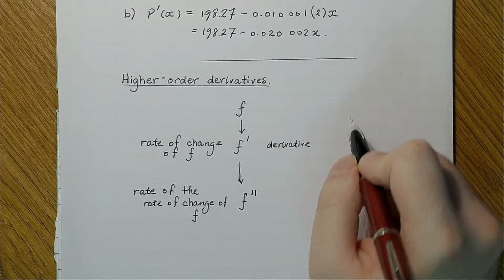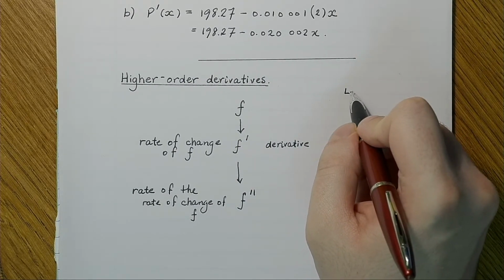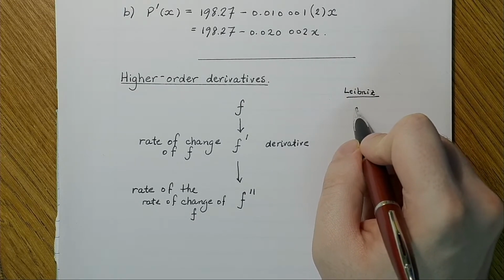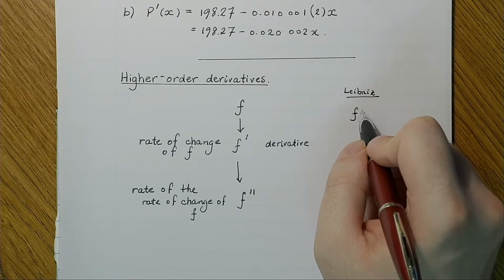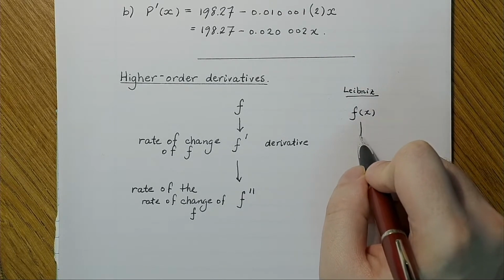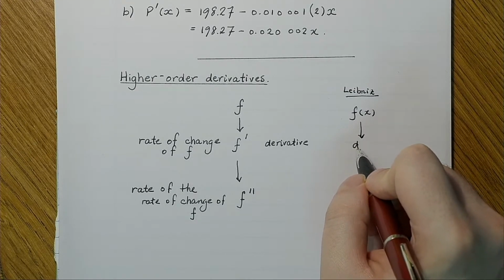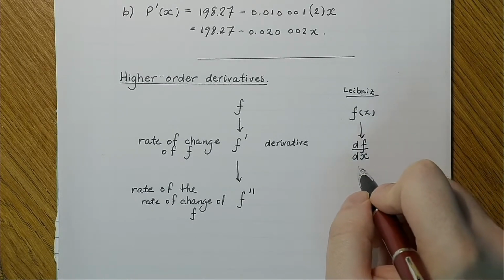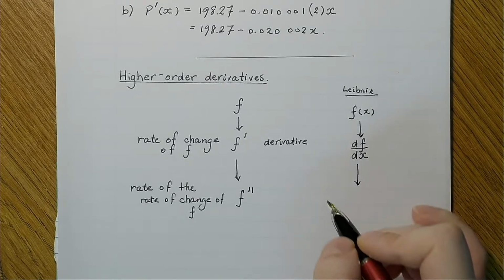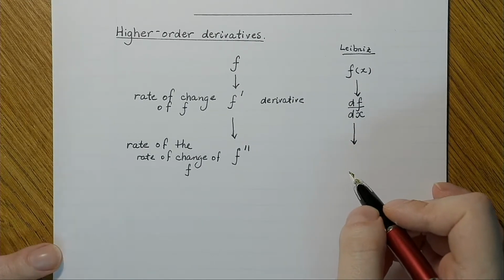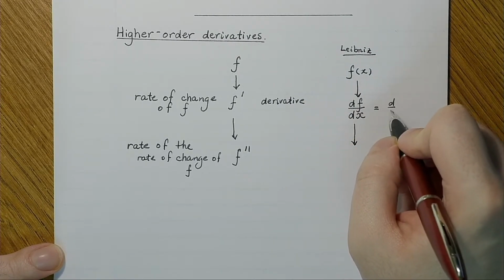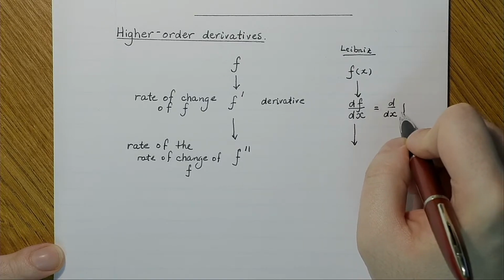Now, what does that look like if we were writing it with Leibniz notation? Well, for instance, if I was using f of x, and I wanted to do the derivative, then that becomes d of f with respect to x. And if I took the derivative again, you can write it like this, which is d by dx.